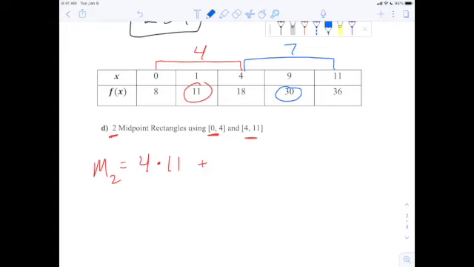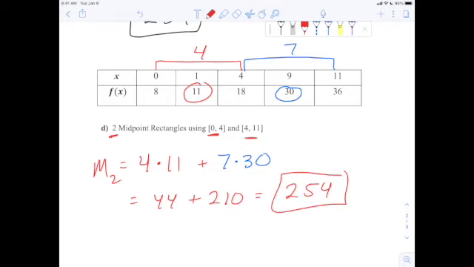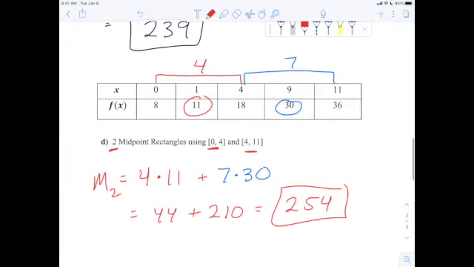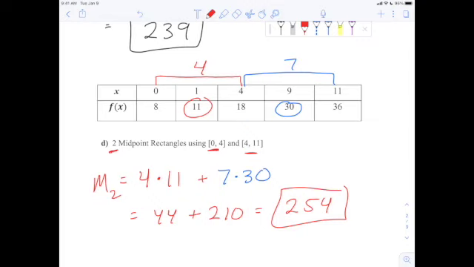But on a real AP or real test question, I would be a little more careful about that. And it would be 7 times 30. And there you go. You'd get 44 plus 210. So you'd get 254. Okay, so you got the general mechanics of it, barring the slight question flaws, which are my fault.